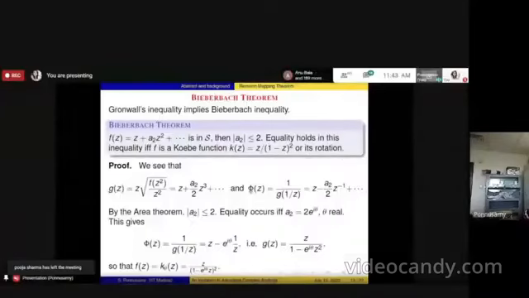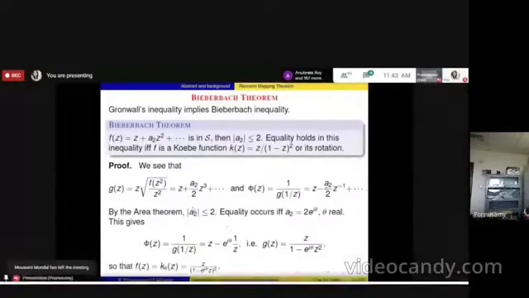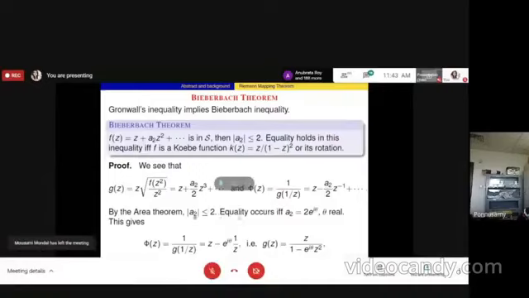By the previous theorem, that has to be bounded by 1, because G is univalent if and only if phi is univalent. G is univalent in the unit disk. So therefore, the initial coefficient is bounded by 1, and hence a2 is bounded by 2. And going back from the previous theorem, you can get this thing.